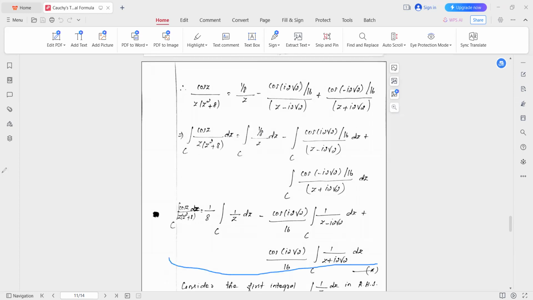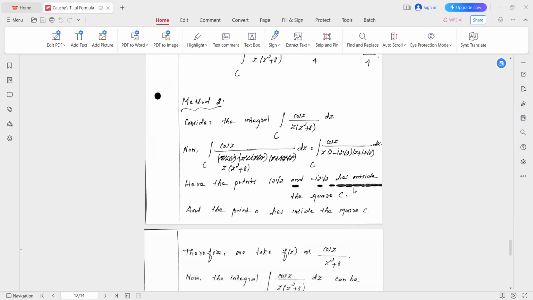But here in method 2, as these two points lie outside the square, instead of taking cos z alone, we are taking the function f of z as cos z by this term. It will not make any change in Cauchy's integral formula, since they lie outside the square.